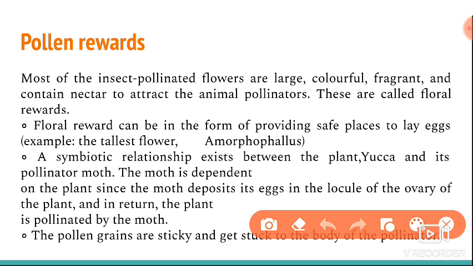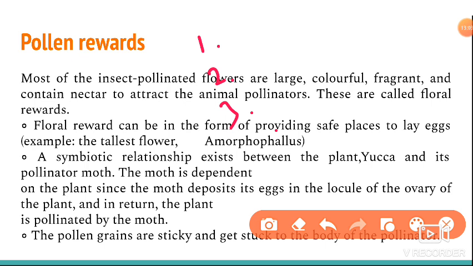And the second one, they provide safe places for the animals to lay eggs. And the third one is nectar.